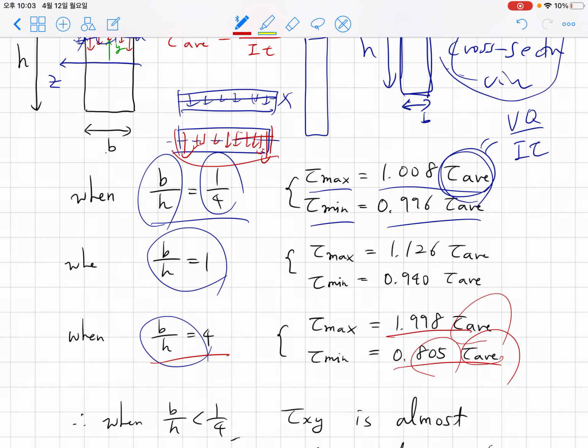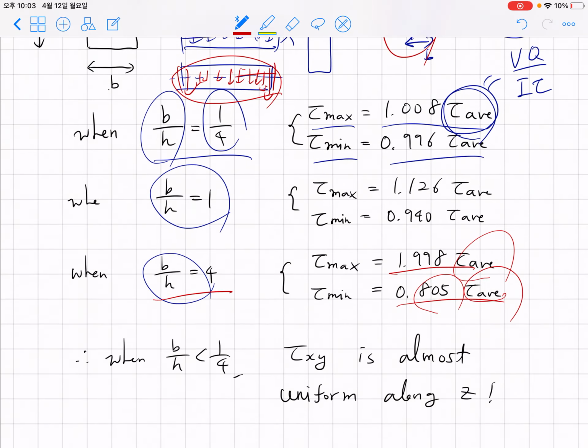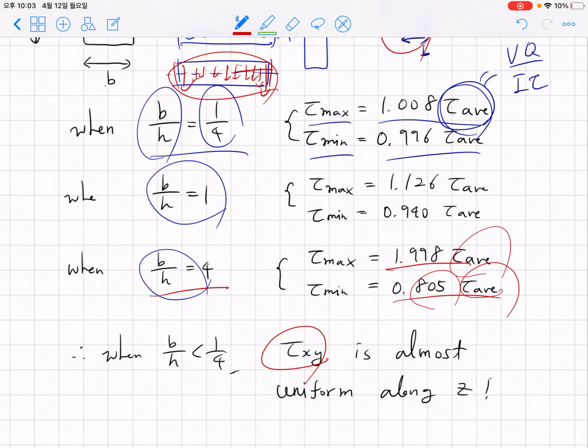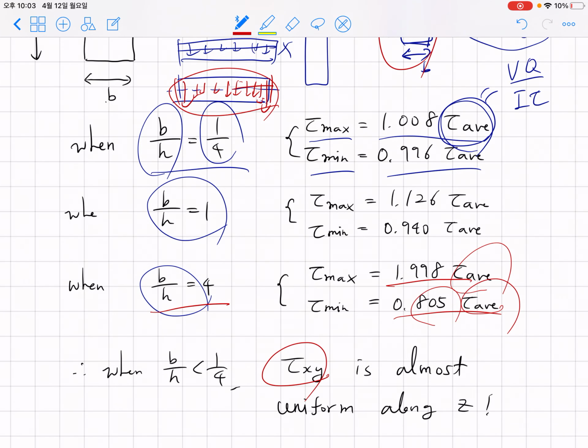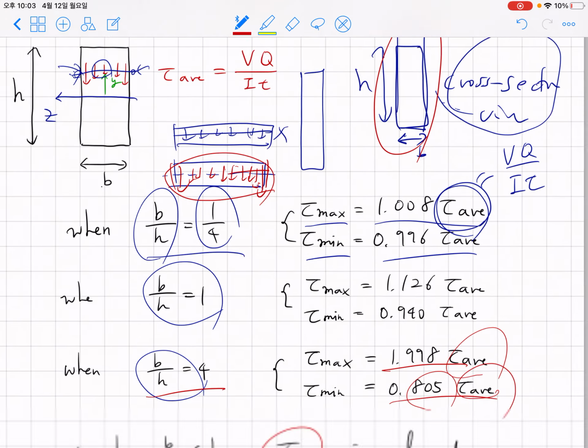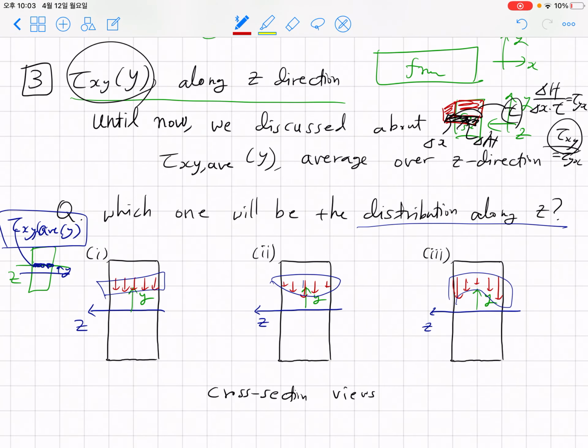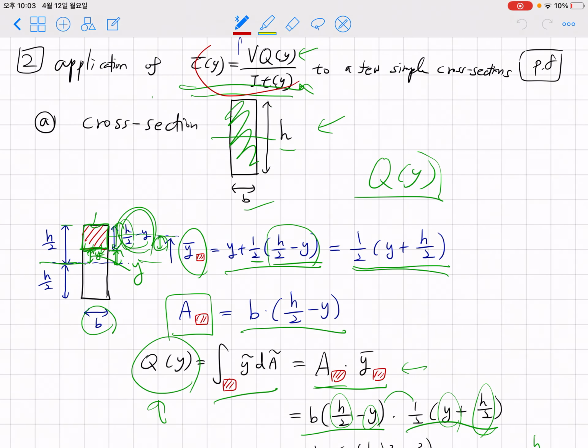So instead of this fat cross section, if you consider this tall cross section, you don't need to worry about the distribution of tau xy too much, and you can consider tau xy almost uniform along the g-axis. This is the simple discussion I want to have regarding the tau xy distribution along the g direction, because our expression is only about tau xy averaged over the entire g-axis as a function of y.